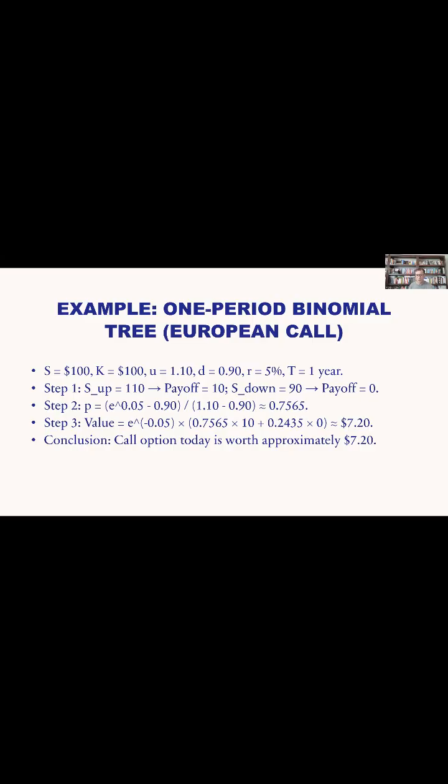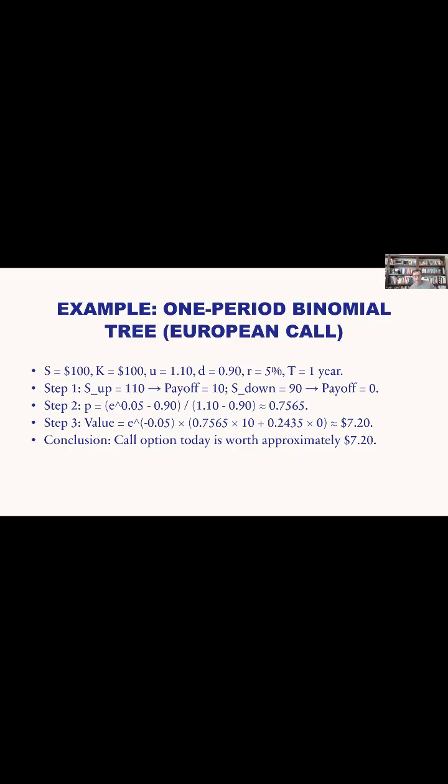So to calculate the current value, you take P times the upward value of that call, which is $10. So it's 0.75 times 10, plus 1 minus P, which is 0.25, times the downward value of the option, which is zero.